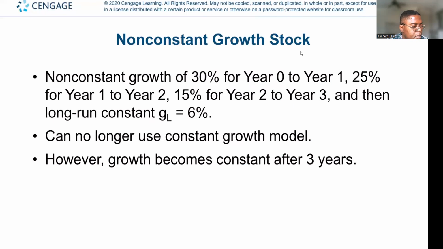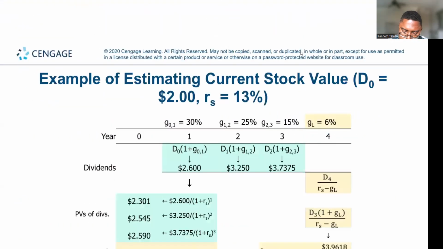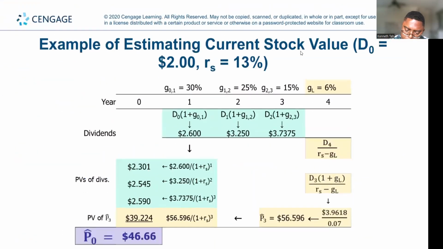All right. So for us to do this, we can put this on a timeline. If we put this on a timeline, we can see that the growth rate is going to vary. So it's 30%, 25%, 15%, and then 6%.